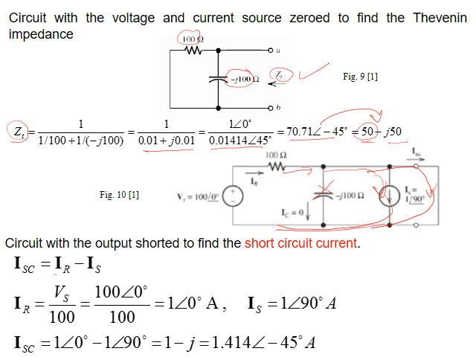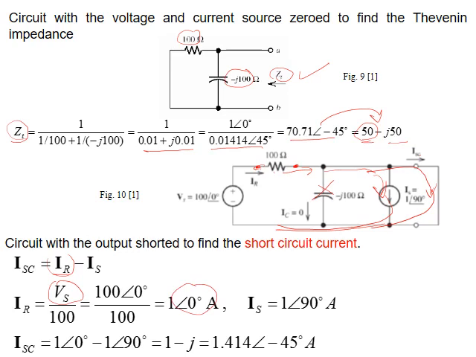Now IR is easy to find. IR is the potential difference between the voltages here and here divided by R. Here the voltage is 100, here the voltage is 0. So I divide by 100, and it will give IR.